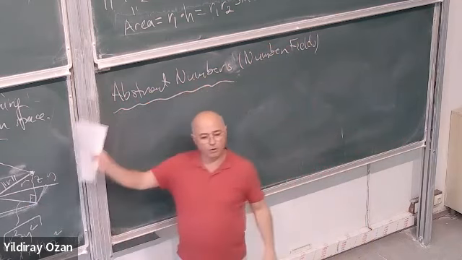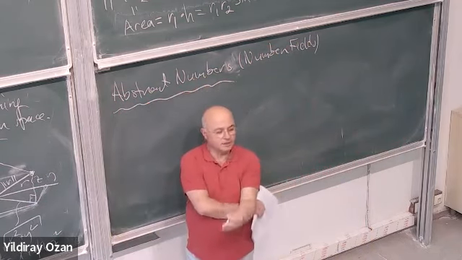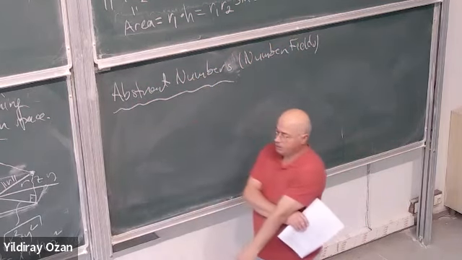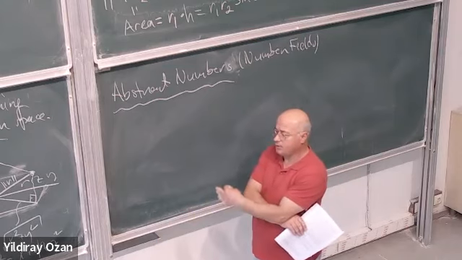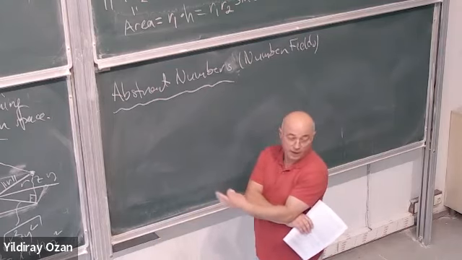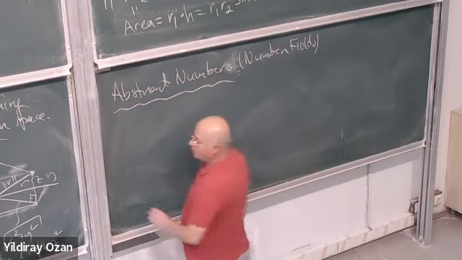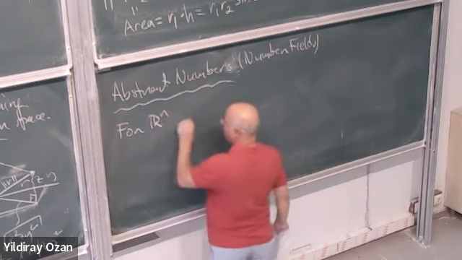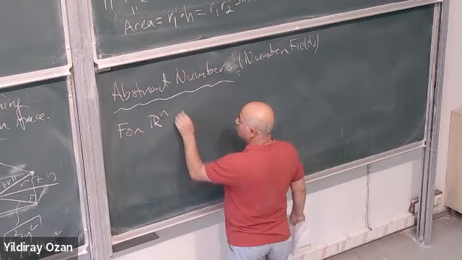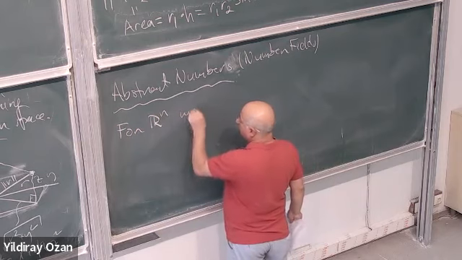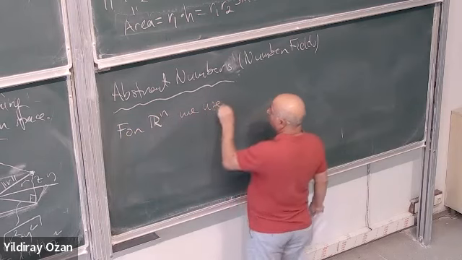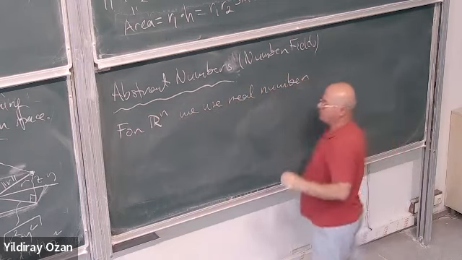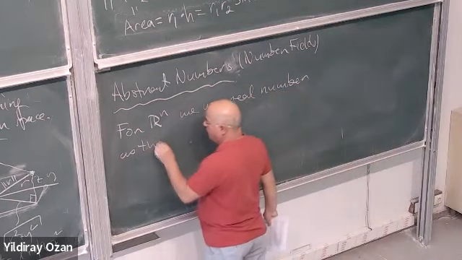In R3 or Rn, our number field is just the field of real numbers. However, as we will see, one may consider other kinds of fields. For Rn, we use real numbers as the number field.